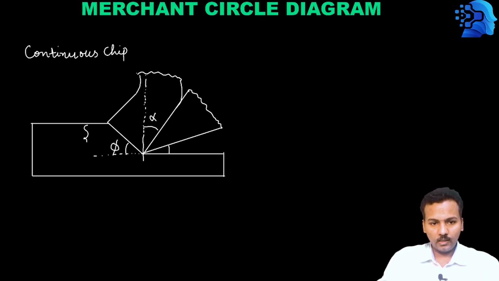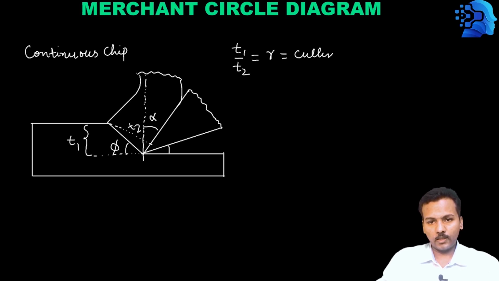As we calculated, the relationship between the uncut thickness T1 and the chip thickness T2 is that T1 upon T2 is the cutting ratio R. Now T2 is always greater than T1 by a factor of 4 to 5 times, so R is always less than 1.